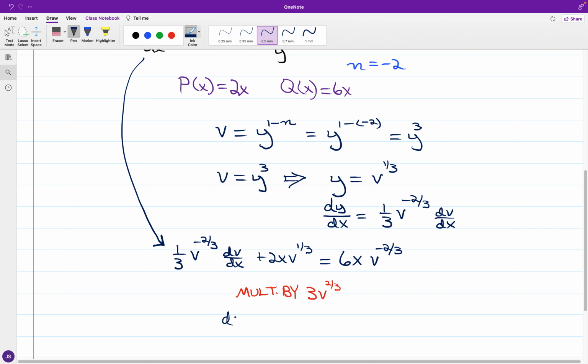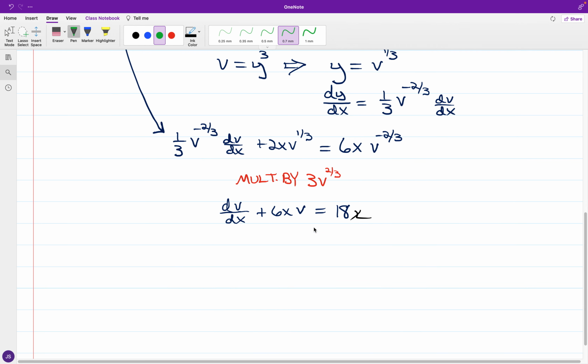So in the rewrite, I got dv over dx plus 6x times v to the first. So for this equation, we have linear in v, and the coefficient of the first order v term is 6x.